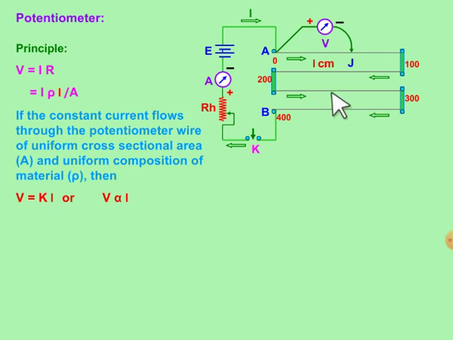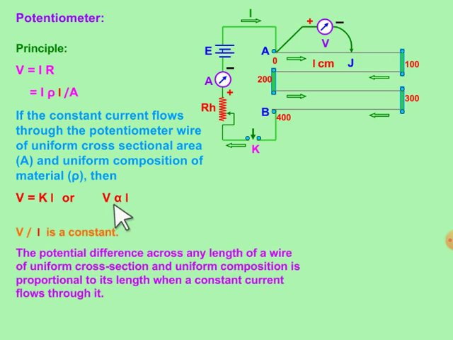Got it? So then if we express this, V by L is also a constant. We can say V by L is a constant. So that means your potential difference across any two points on the potentiometer wire of any length is directly proportional to what?